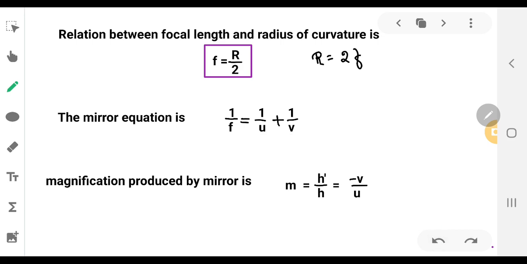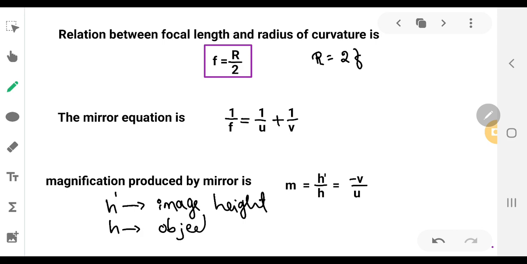Then the magnification is the ratio of h dash by h, where h dash is image height and h is object height.